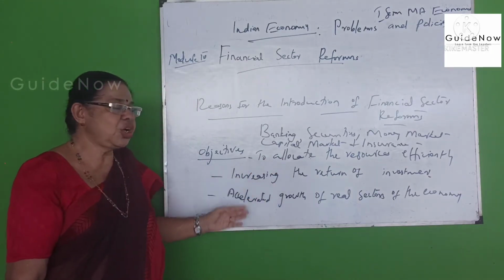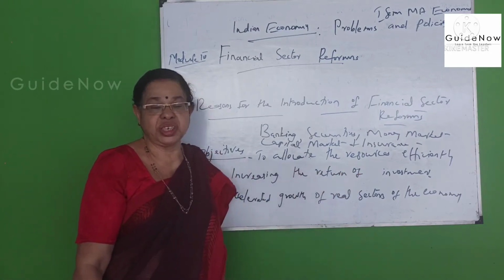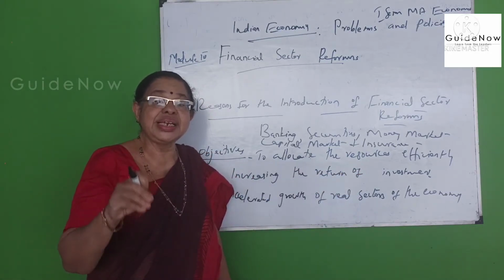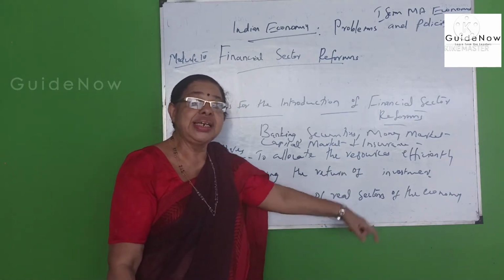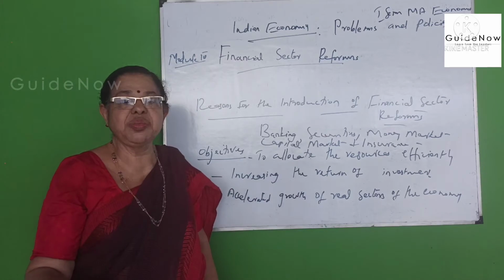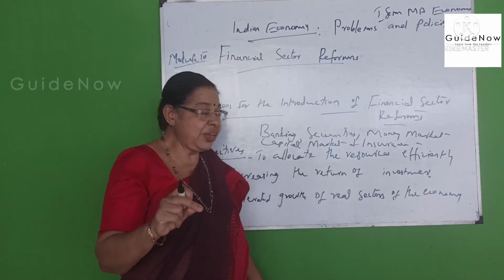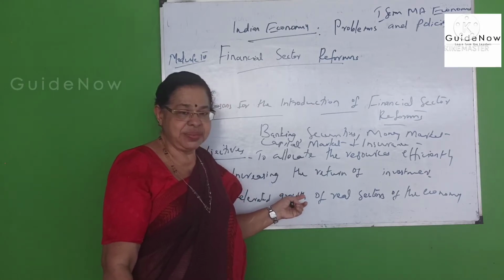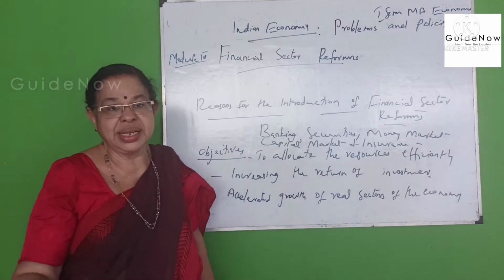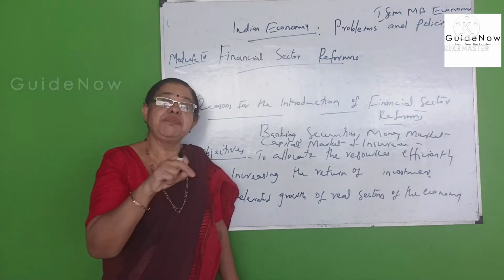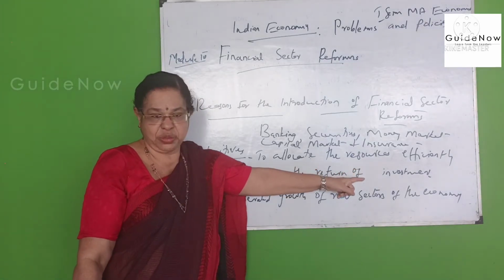The second important objective is to increase the rate of return on investment, to maximize the return or income from investment. Investment depends on the rate of return or income from investment.